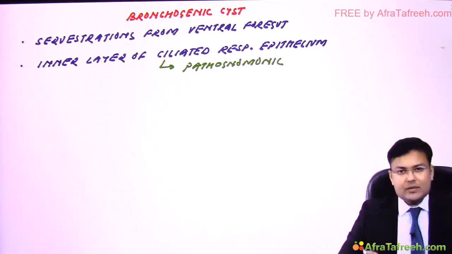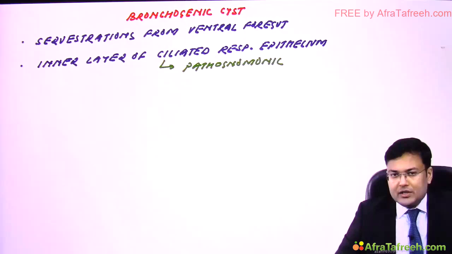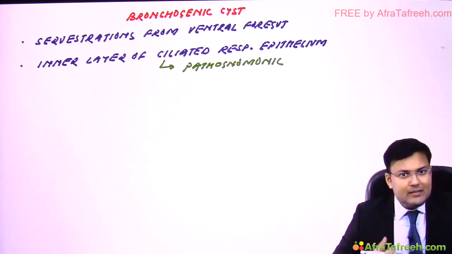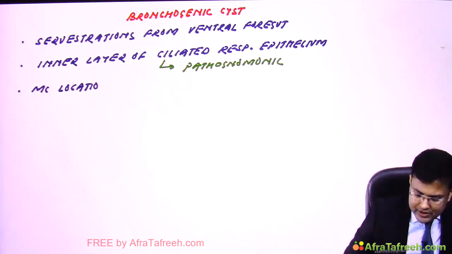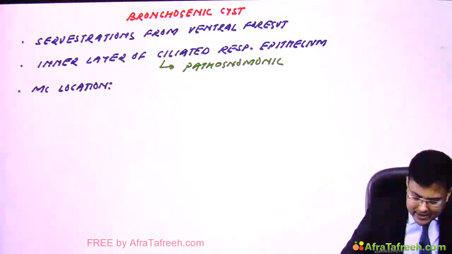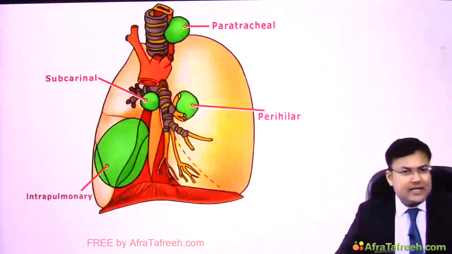Okay, we discussed bronchogenic cyst in thorax also, and we discussed what's the most common location of bronchogenic cyst. It is medial mediastinum, the most common site. Right? Now see, what are the types of bronchogenic cyst? It is of two types, mediastinal and parenchymal.